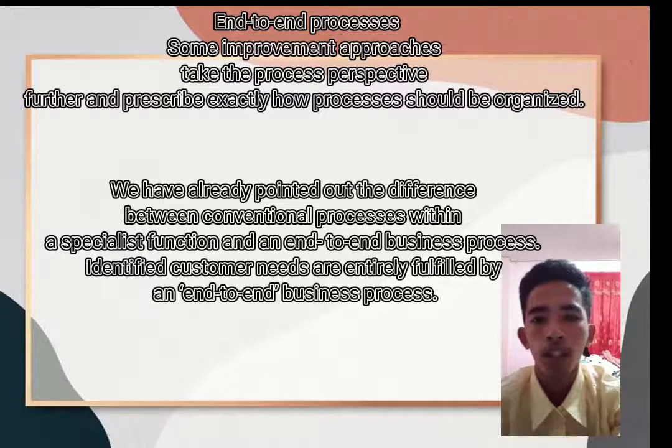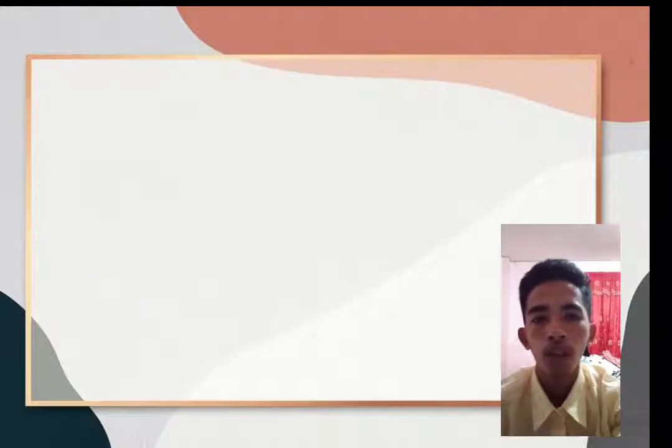End-to-end processes. Some improvement approaches take the process perspective further and prescribe exactly how processes should be organized. One of the more radical prescriptions of business process reengineering, for example, is the idea that operations should be organized around the total process which adds value for customers, rather than the functions or activities which perform the various stages of the value-adding activity.